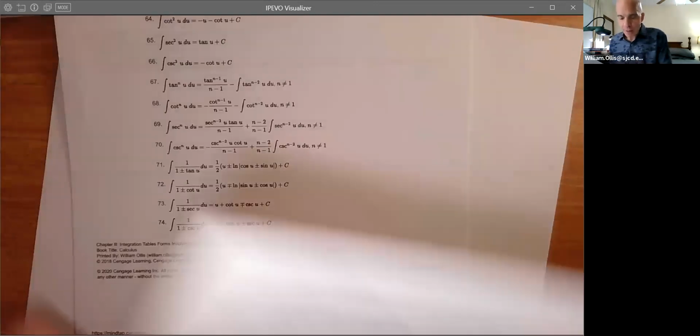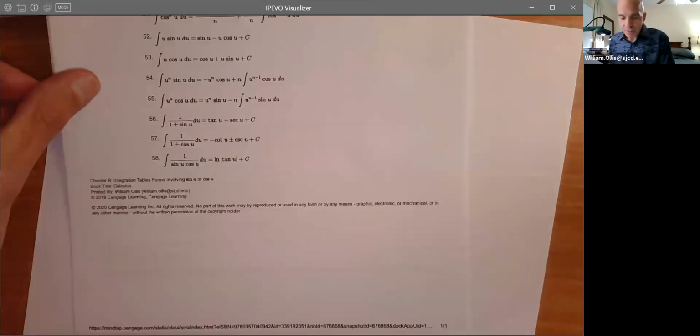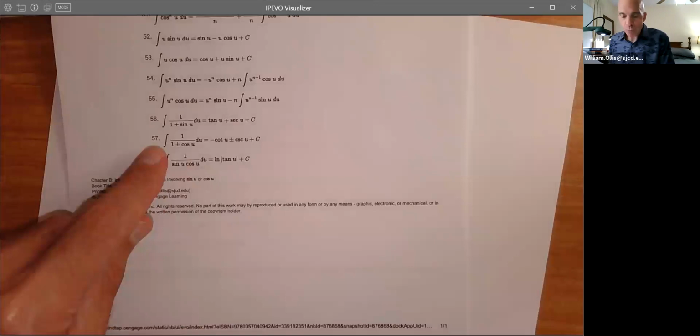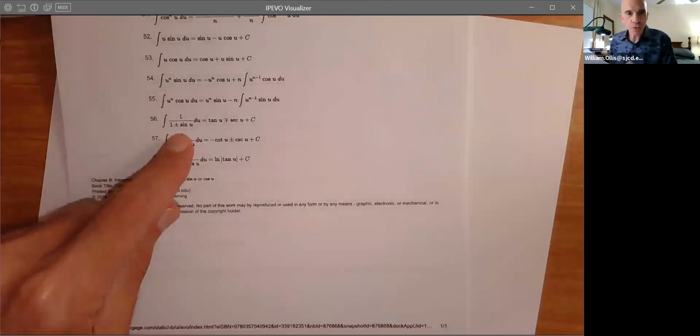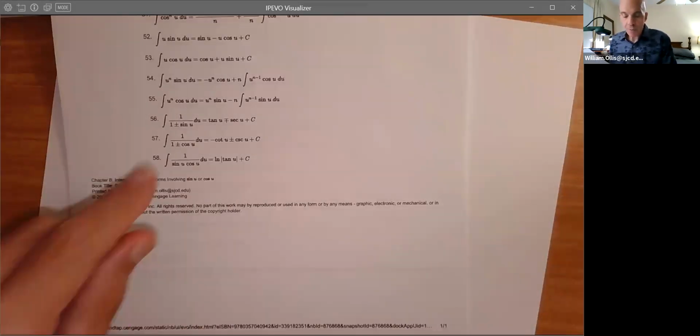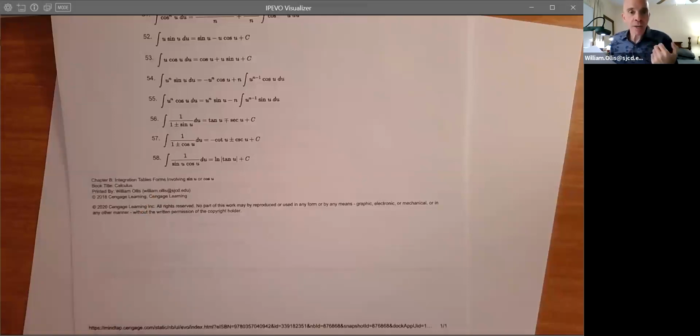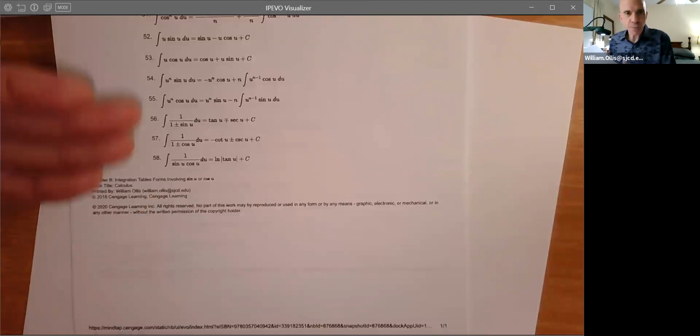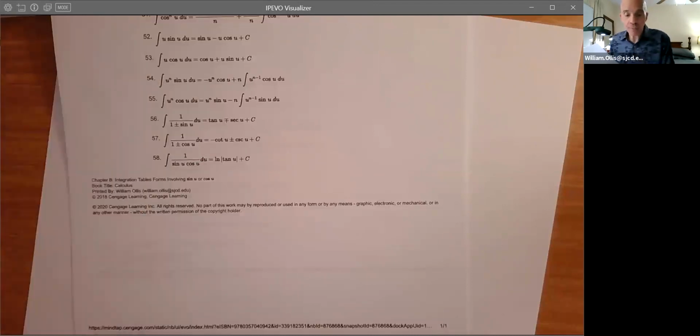On the previous page, we have some situations where we have 1 plus or minus sine u in the denominator, 1 plus or minus cosine u, where we have actually used, again, a conjugate method, and that's something you know very well. So those are things that we don't really need, I mean, if we had to derive these formulas for this particular integral table, we know how to do this. We can just use conjugate methods.